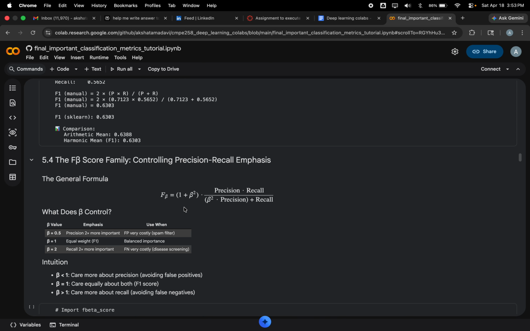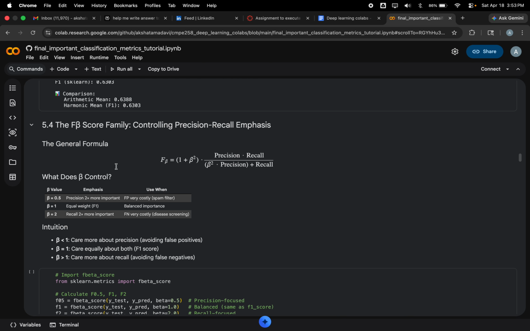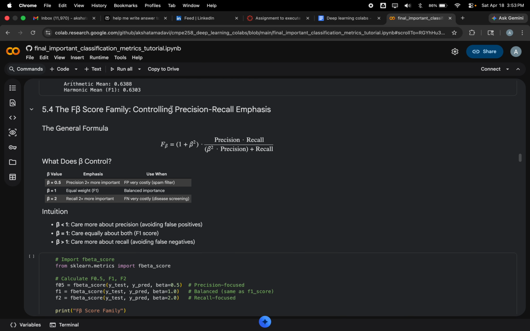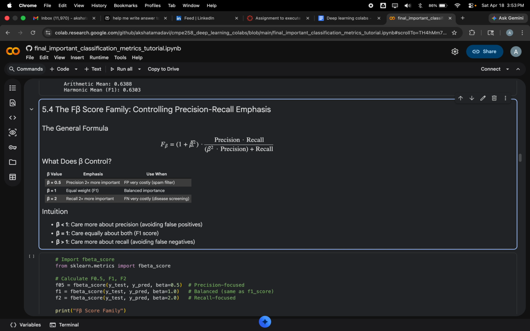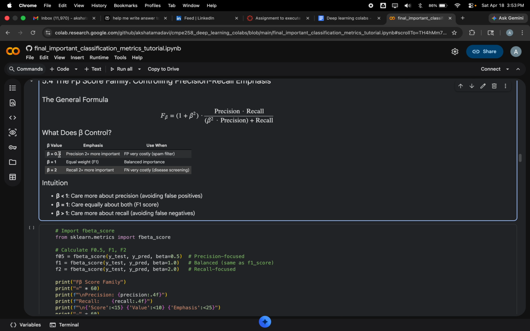So then we have F beta, which is controlling the precision and recall emphasis. This is the formula, and you can use the beta to control the emphasis. If the beta value is 0.5, precision is weighted more, which is for when false positives are very costly, so you just decrease the beta. But let's say recall is really important, a condition where false negatives are costly, you just increase the beta.